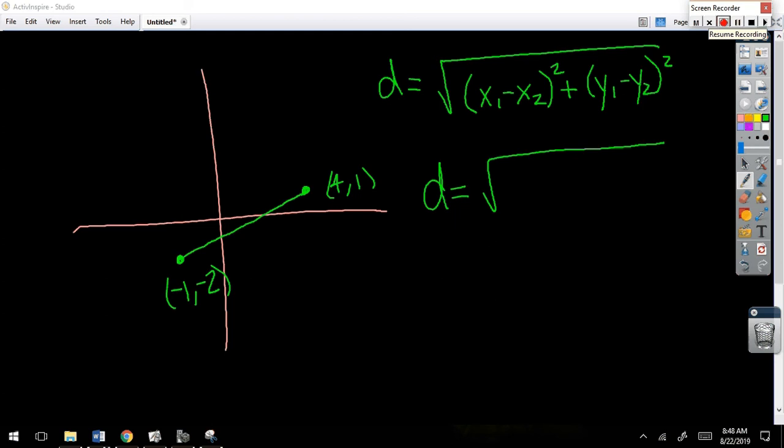Does it matter? No, it does not matter. I'm going to do 4 first. Minus -1. Be very, very careful about those signs, okay? Square it. Plus. Now what? 1 minus -2. Again, it doesn't matter. I always like to start with the positive. It helps me.